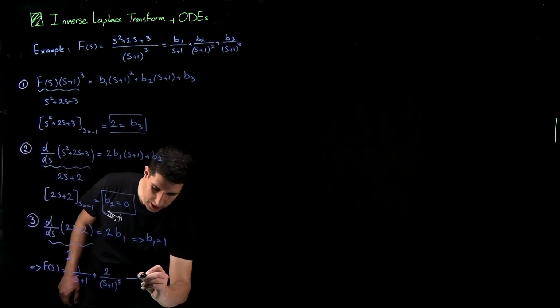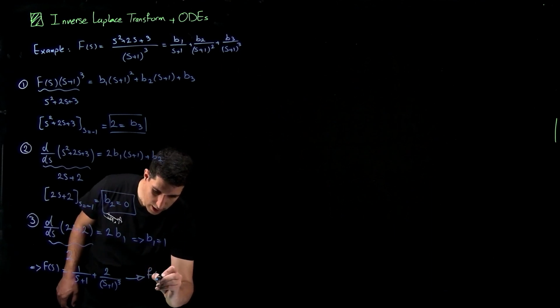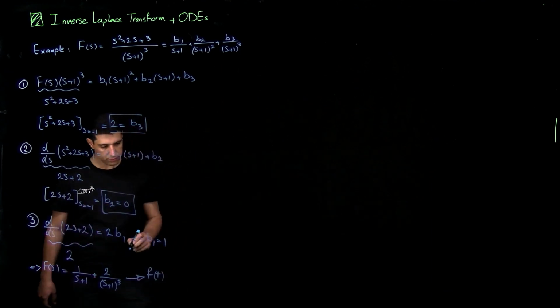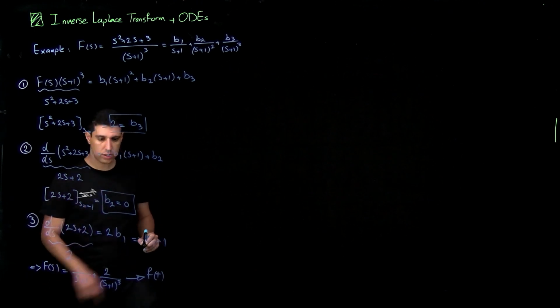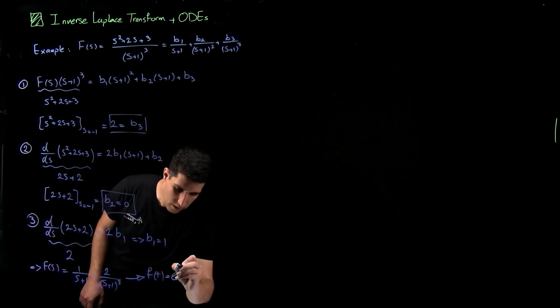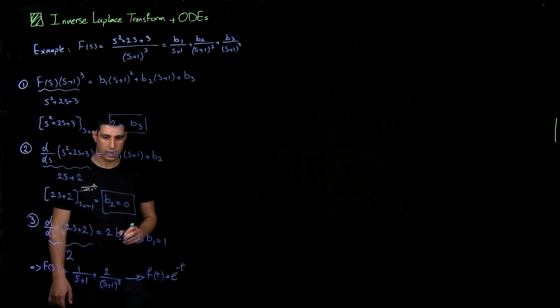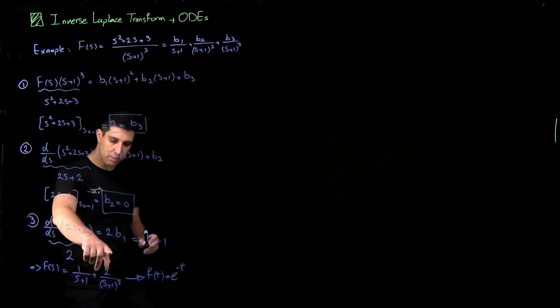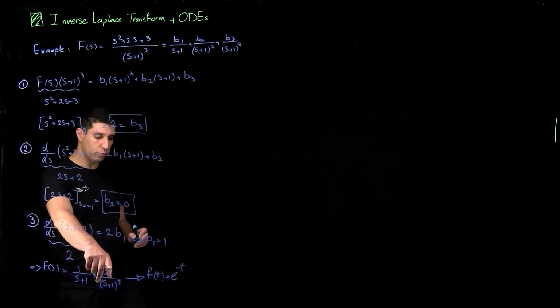And from here, the time series: the first one is e to the minus t. The second one is 2 times 1 over s plus 1 cubed.